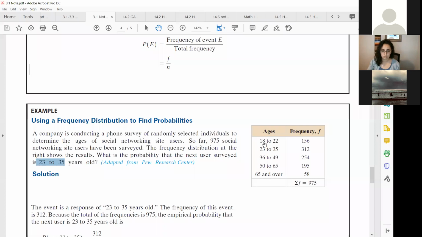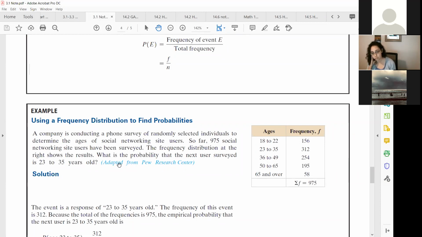On the left column, you have ages 18 to 22 with frequency 156. 23 to 35, the frequency is 312 people. 36 to 49, you have 254 people who took the survey. 50 to 65, you have 195 people. And 65 and over, you have 58 people.